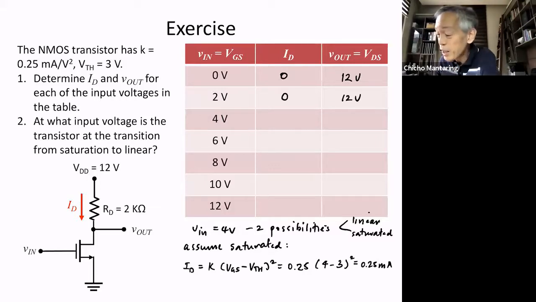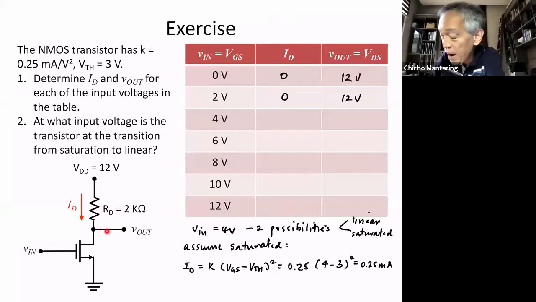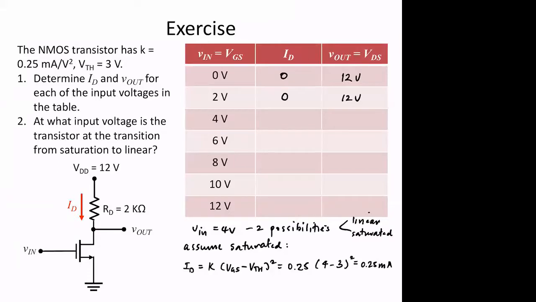Okay. If ID is 0.25 mA, what is Vout? Ano yung value ng Vout, if ID is 0.25 mA? Sir, 11.5. Yeah, that's right. No?